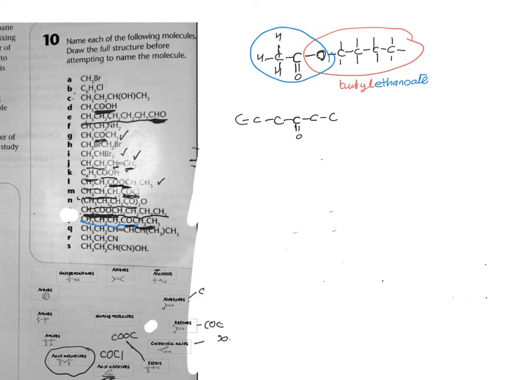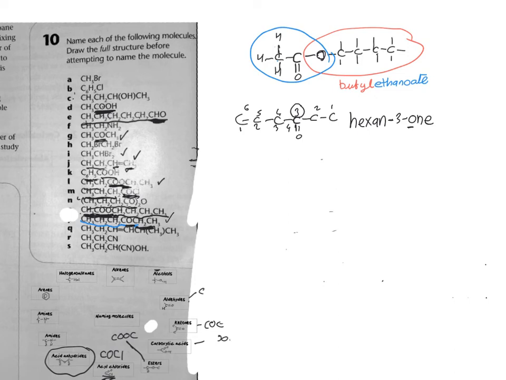If we number the chain, 1, 2, 3, 4, 5, 6, it's definitely a hex, and the lowest number position, if we go the other way, 1, 2, 3, 4, the carbonyl group is on position 3. So this is hexan, again no E because it's followed by a vowel, so that's hexan-3-one.